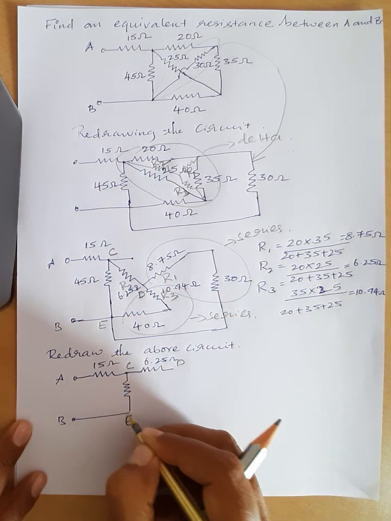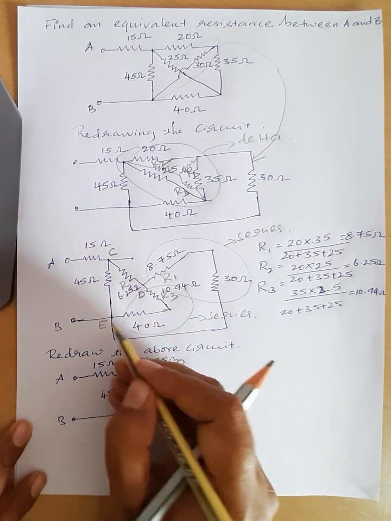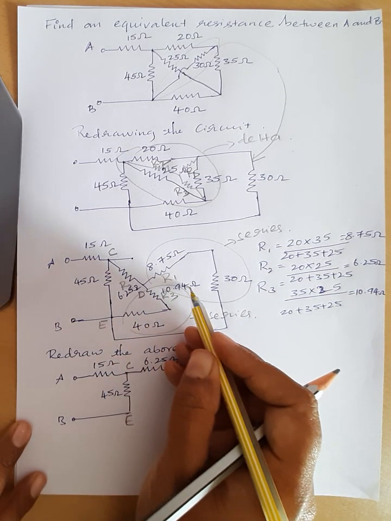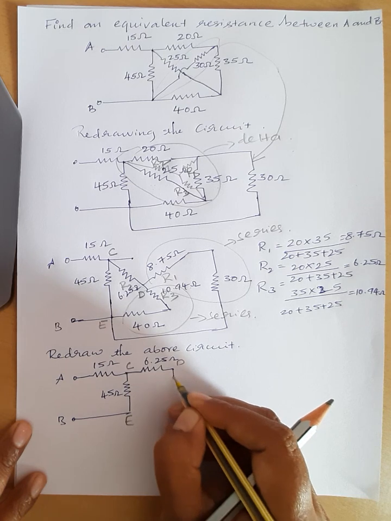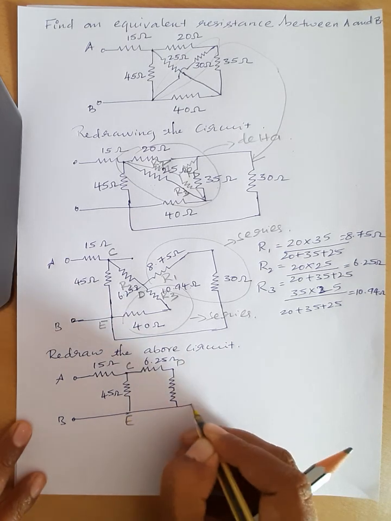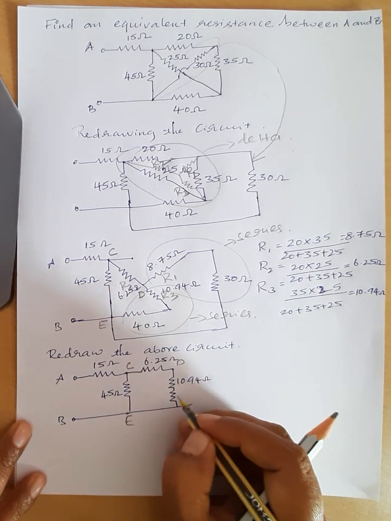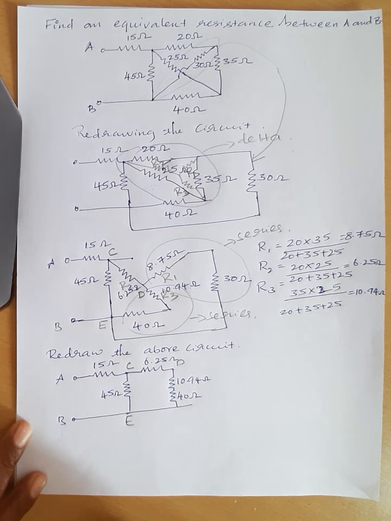And D to E, there is 10.94 ohms and 40 ohms in series.